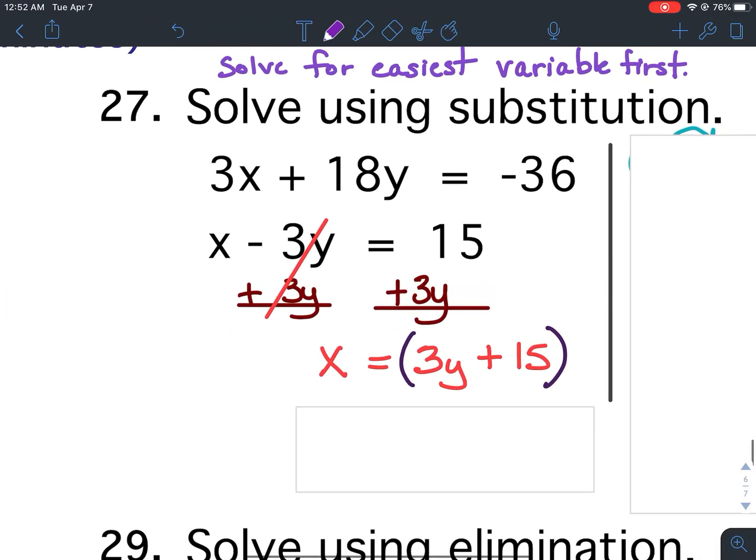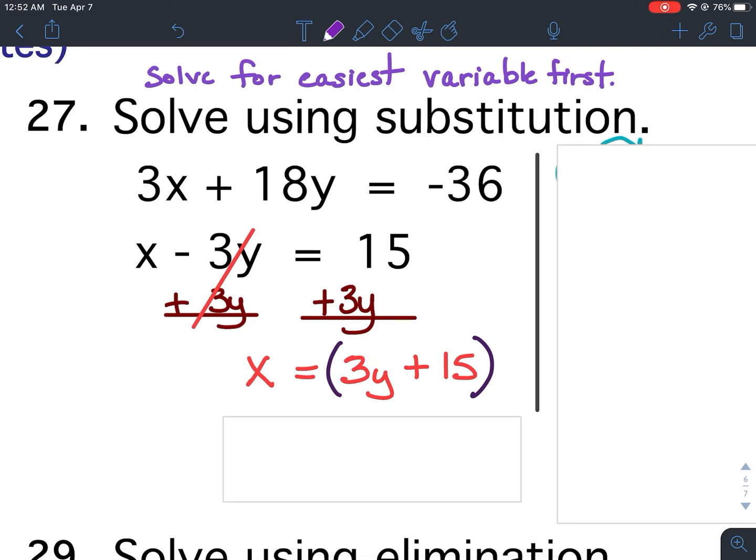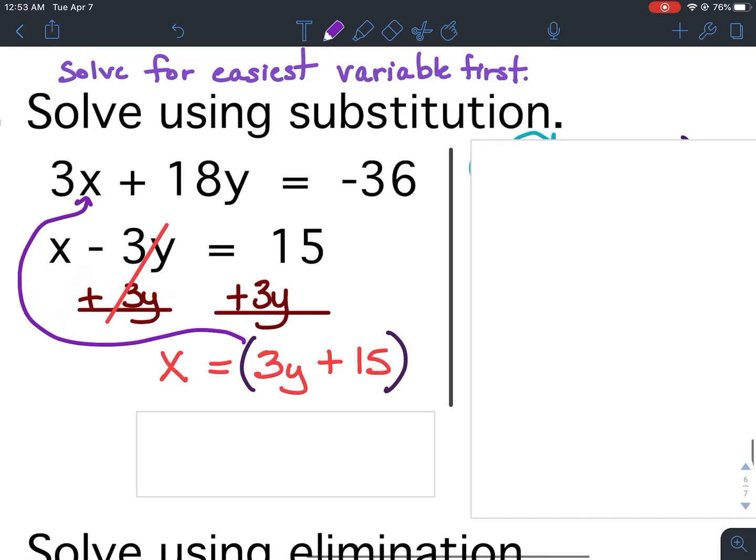27. Solve using substitution. So substitution is when you solve for the easiest variable first. The easiest variable to solve for is this bottom x. So that's what I did. I solved for that bottom x by adding 3y to both sides. Because these are not like terms, I just bring them down as 3y plus 15. So now that I solve for the bottom x, I take what I get and I substitute it in for the top x.